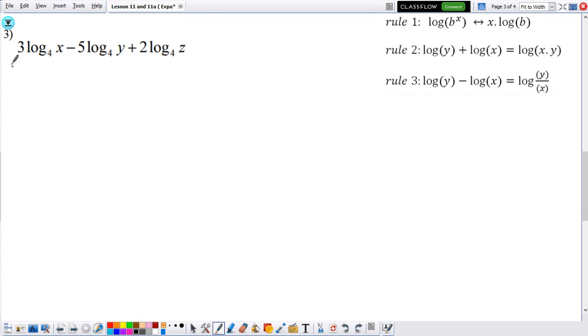So our original expression, it's okay for us to rewrite it as 3 log of x plus 2 log of z minus 5 log of y. Notice that every single one of them has a base 4, so I forgot to write that.